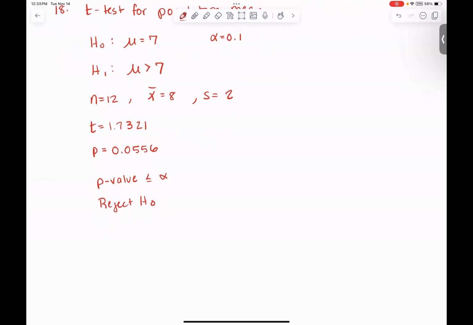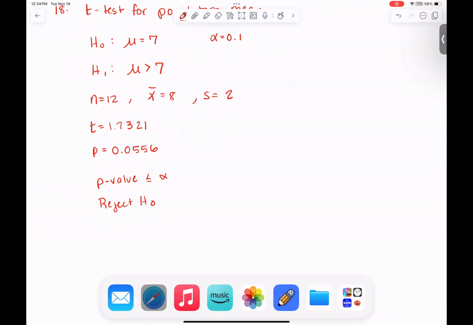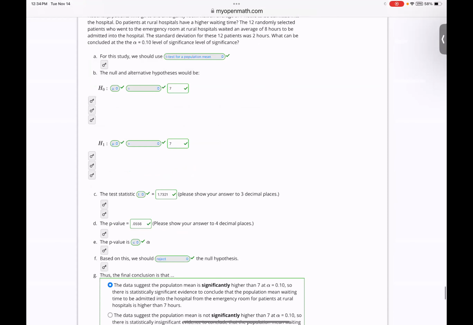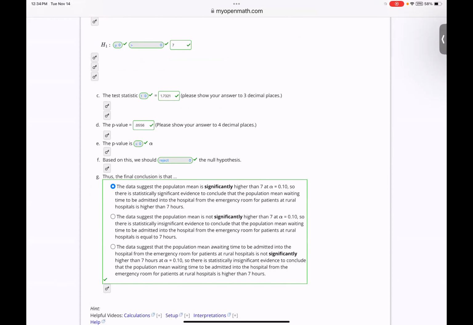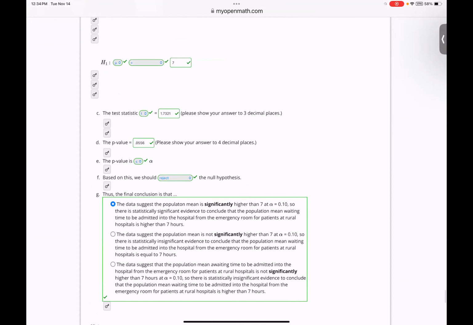Okay, so let's go back over to the test review, and of the 3, which one does it have to be? Well, it's not this one. It's not the second one, because we rejected the null. So the information that we have is significant. So it can't be the second one.